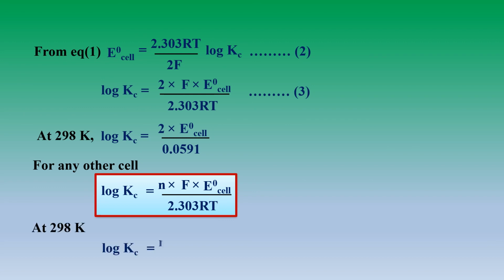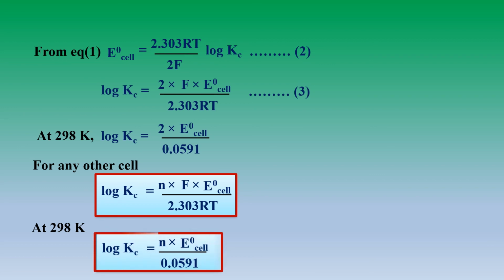At 298 Kelvin, after substituting the F, R and T values, log Kc is equal to n into E naught of cell divided by 0.0591. So this is the equation for log Kc at 298 Kelvin.